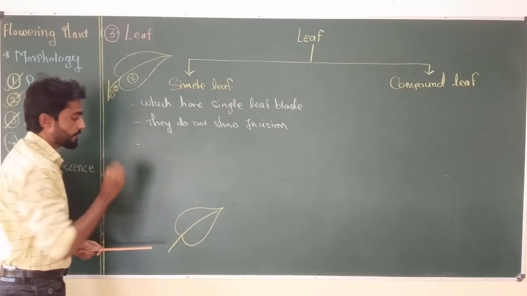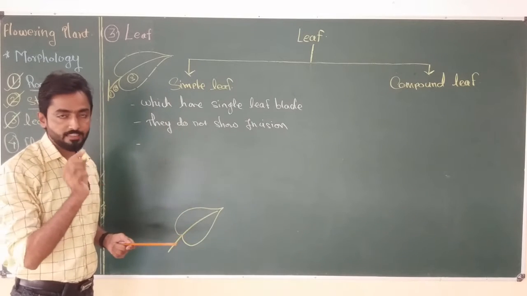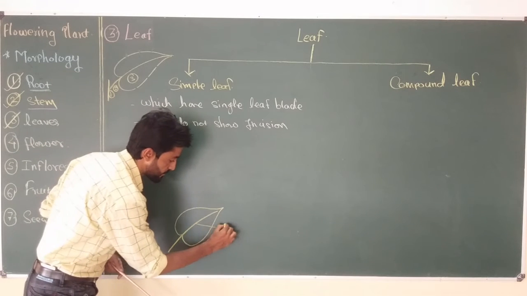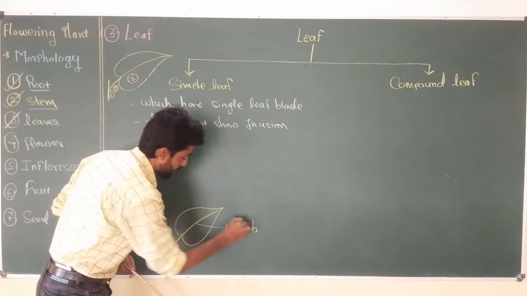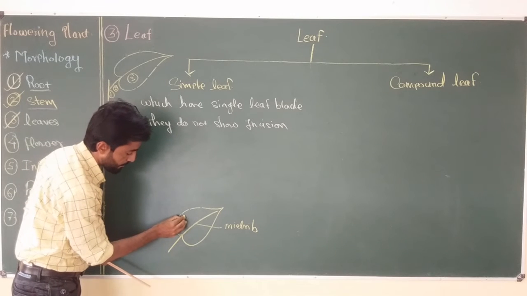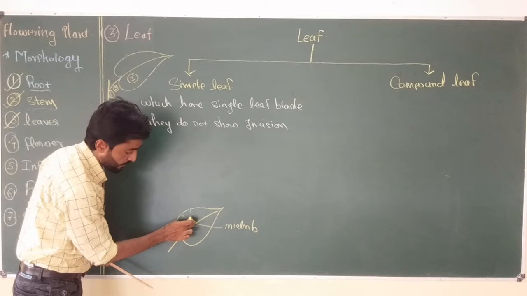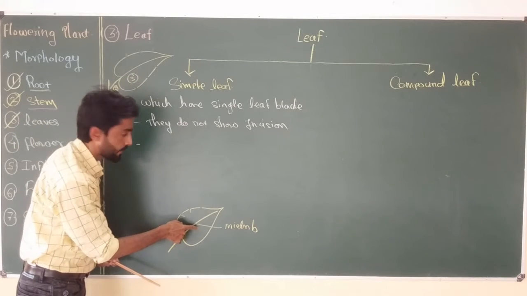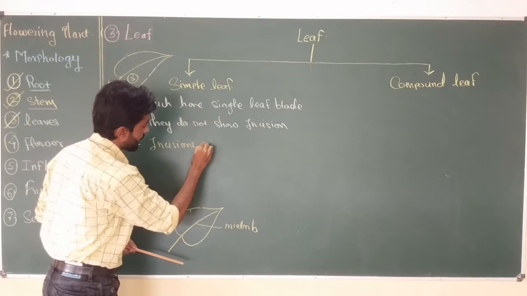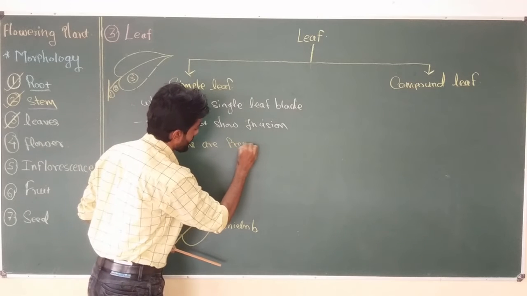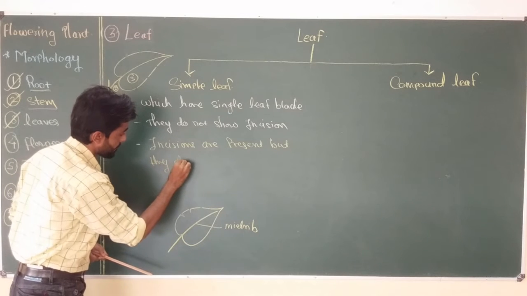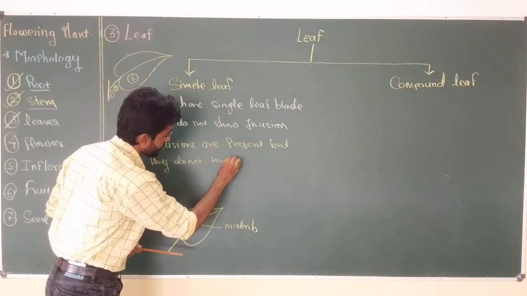Now this lamina or leaf blade is single, without incision or cut. Sometimes the lamina of a simple leaf also shows incisions, but the incision or cut does not touch the midrib. This is the midrib, and the cuts present in the lamina of a simple leaf can be deep, but they do not touch the midrib.